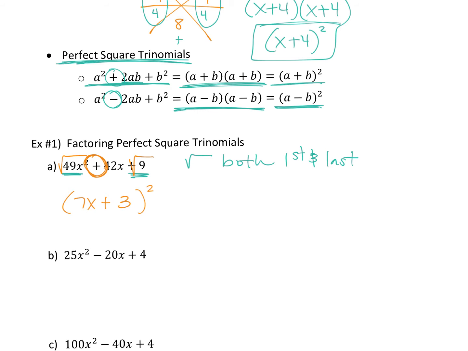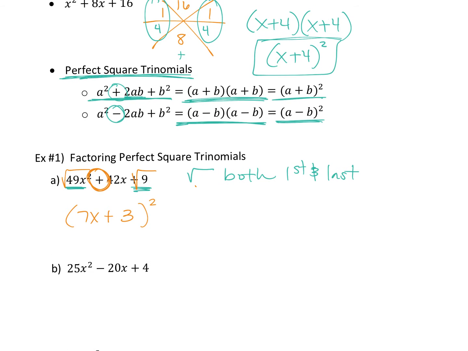But now you have to check something, okay? The way you check it is that your 2ab is actually what it was supposed to be. So you're going to look, let me get this out of here so we can see that number. You're going to look here, 42x.